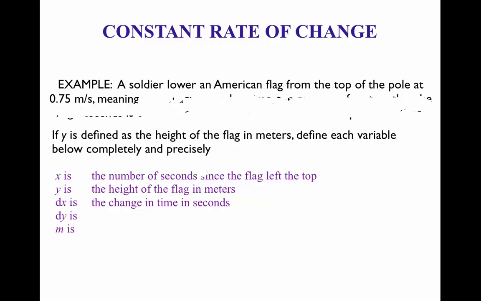Change in time in seconds. dy is? Change in height in meters. And so what is m? Okay, so m is the constant rate of change of the flag's height with respect to the number of seconds since it left.